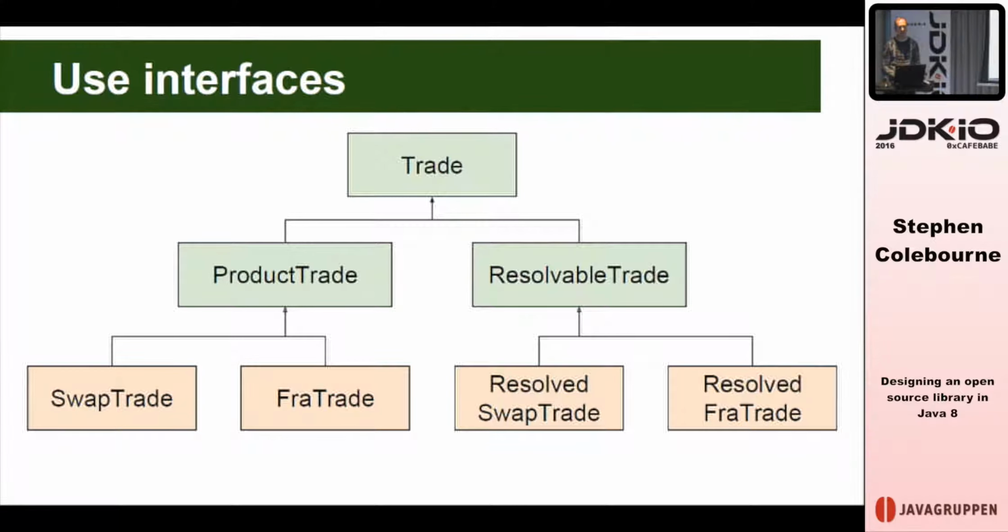So we have a hierarchy of interfaces on top of a single layer of concrete classes. So no abstract classes, just a single layer of concrete classes at the bottom. So here, my interfaces are coloured bluish up at the top, and my classes are coloured orangish at the bottom. So I've got trade interface, a product interface, resolvable trade, a product trade, resolvable trade.